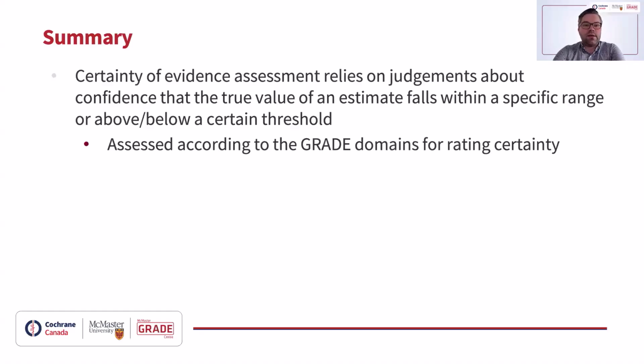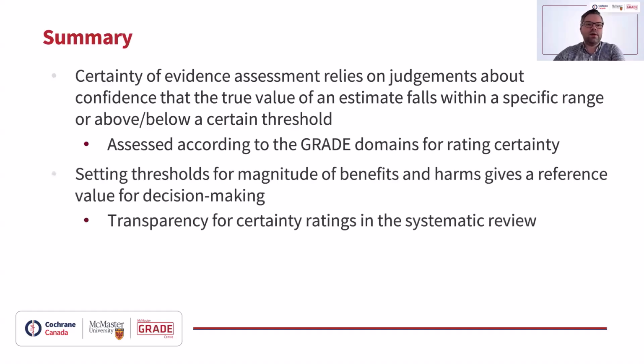The certainty is assessed according to the GRADE domains for rating the certainty of evidence, and we are able to set thresholds for the magnitude of benefits and harms, which importantly gives a reference value for decision making. So as part of conducting a systematic review and rating the certainty of evidence, we do need to make judgments about what is considered a trivial, small, moderate, or large effect, or at least a small important effect, that being a benefit or a harm.